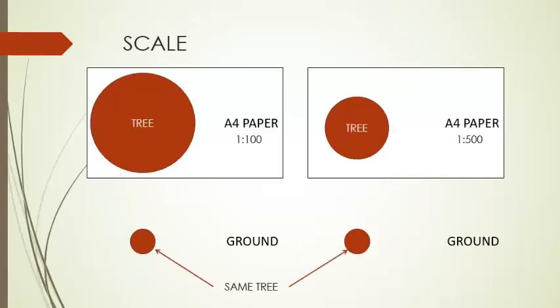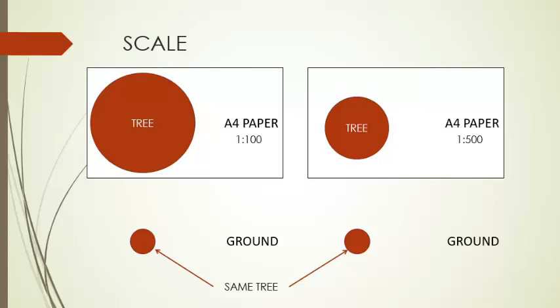But if the size of the paper is the same, let's say these A4 papers, then the next question is which features appear bigger? Of course, features in 1 to 100 will appear bigger on the A4 paper. Okay, to understand further, let's exaggerate a bit and imagine it. Set the unit to centimeter with 1:1 scale.